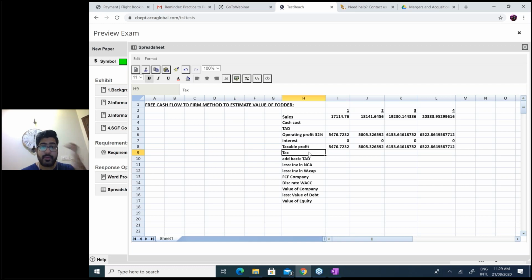So on this taxable profit, we have to pay tax. And what is the tax rate in the question? 28%. So pay tax at 28%.